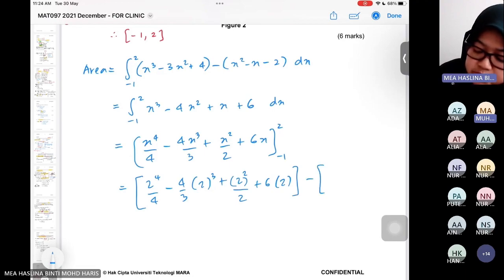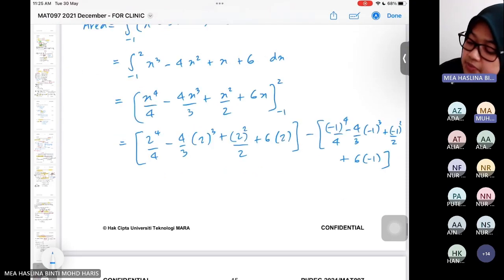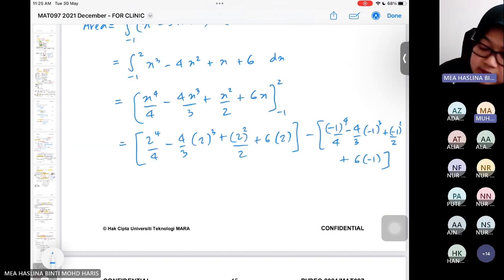Minus, show -1 to the power 4 over 4 minus 4 over 3 times -1 cubed plus -1 squared over 2 plus 6 times -1. Okay, then you get the final answer: 22 over 3 minus -47 over 12, which will obtain 45 over 4 area unit squared.